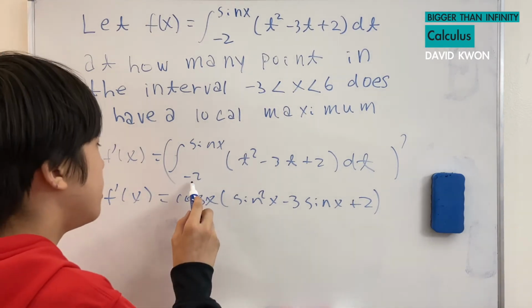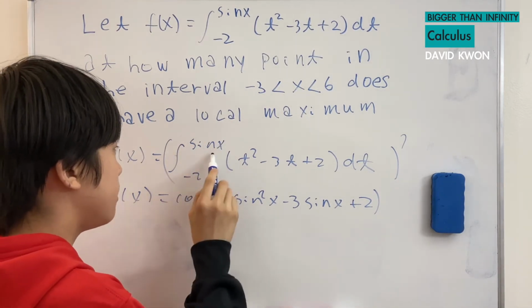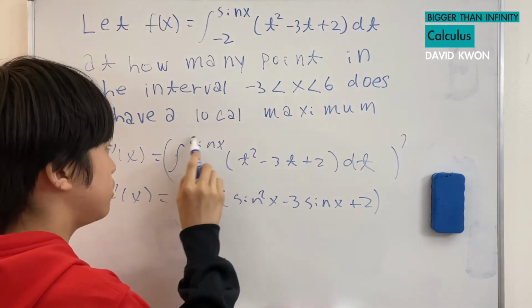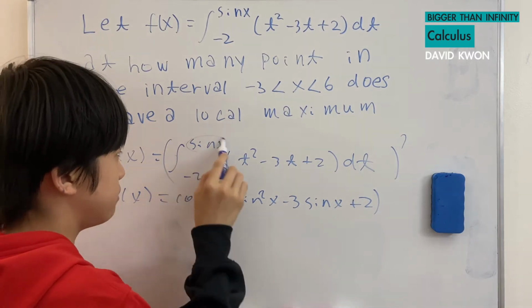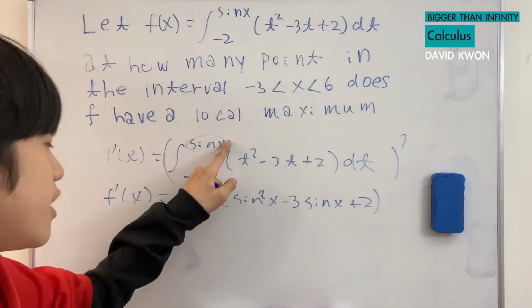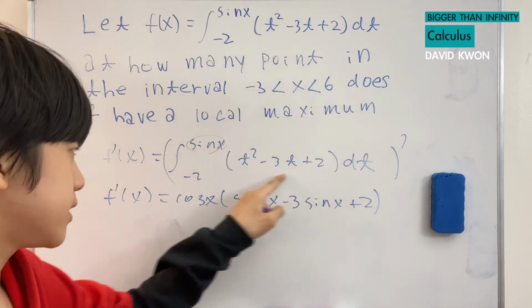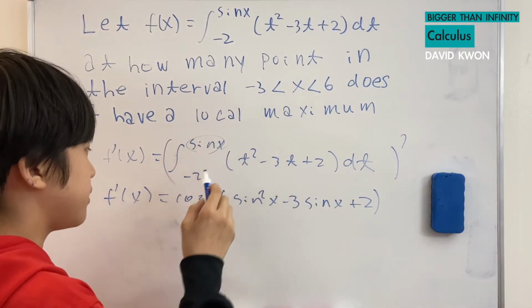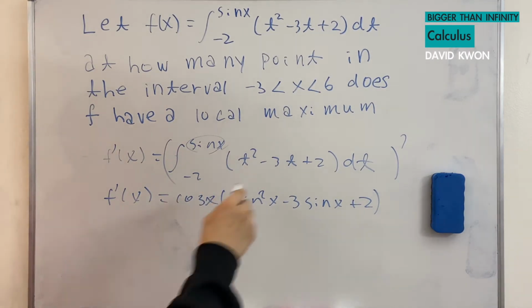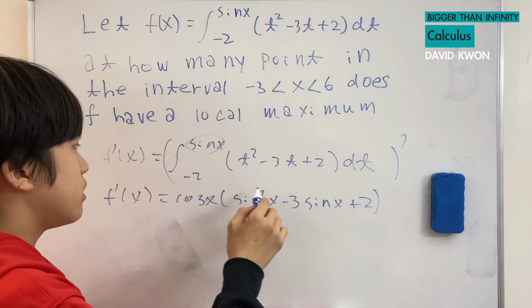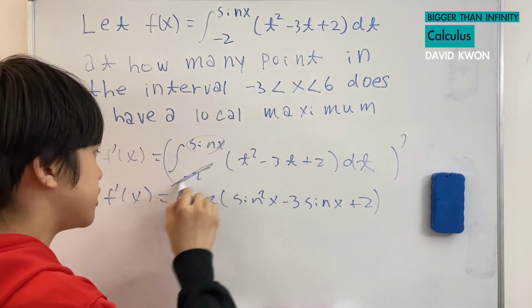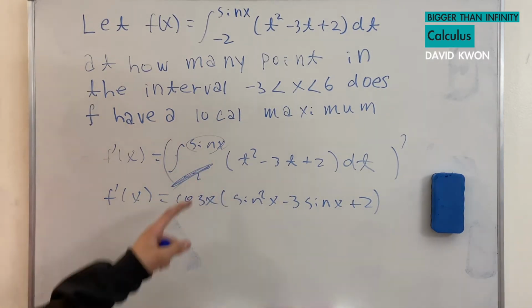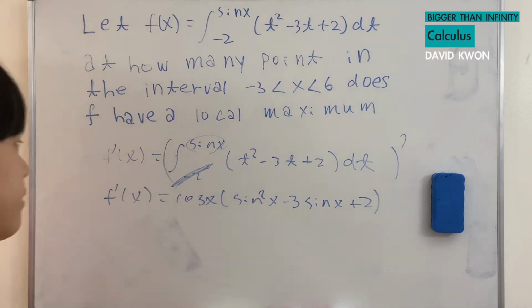And the top limit will have a function, not an equation, that has a different variable from this dt. So that's a t, that's an x, totally different. So when you see a problem like this, to solve it, you just ignore this. This will not matter. And now you just differentiate that.